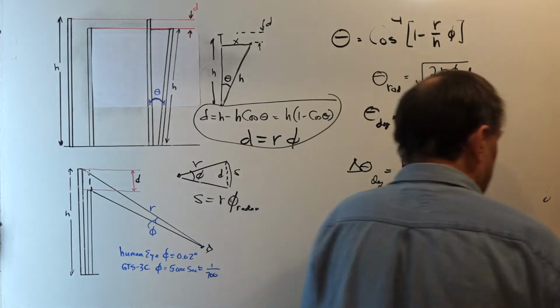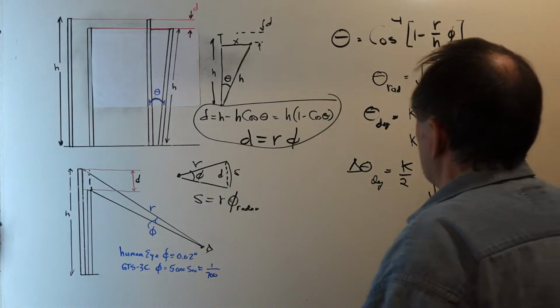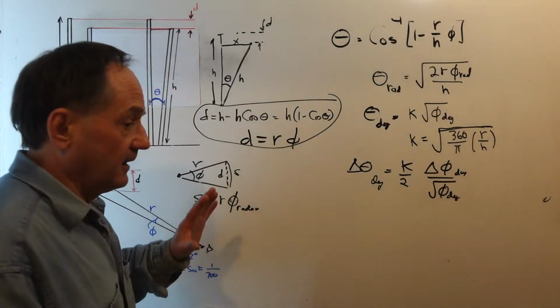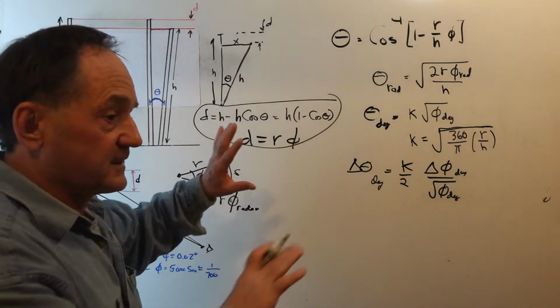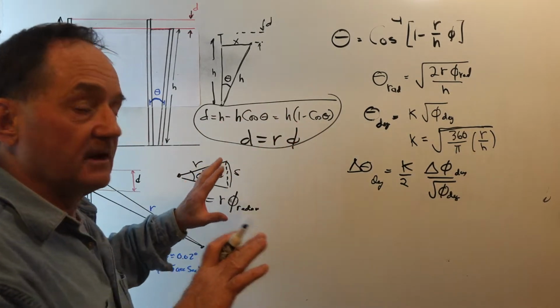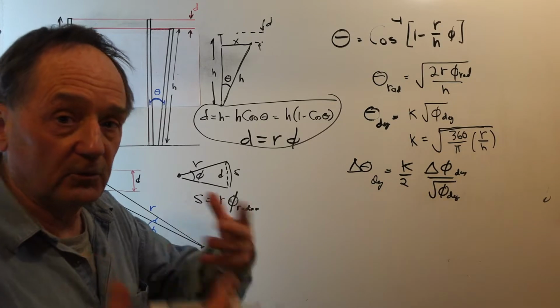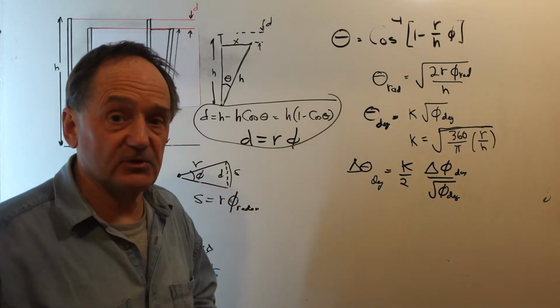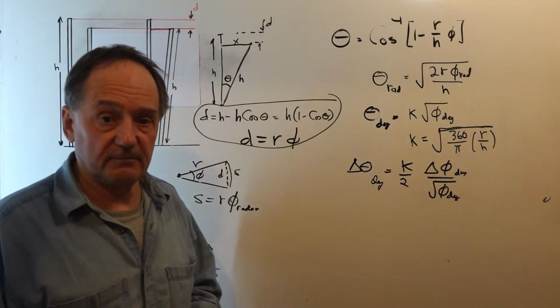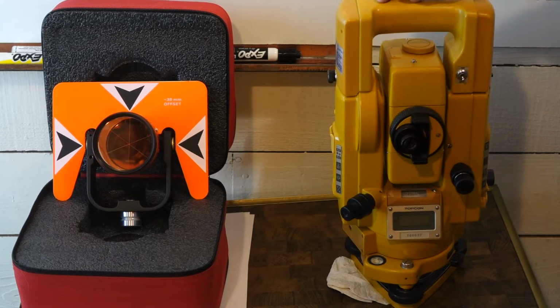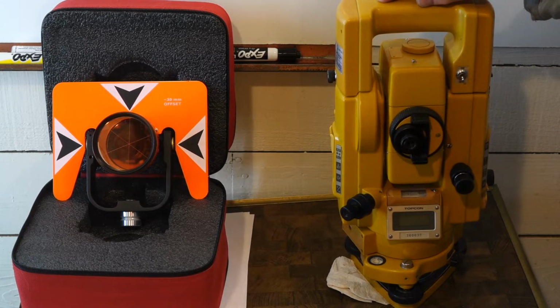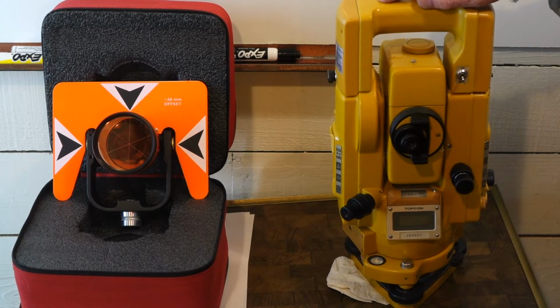Now, I'll show you the instrument that I'm going to be using, and then we'll get some estimates on the numbers, and then we'll go to the video where I actually did the measurements using 10-foot poles. Here I have my Topcon GTS 3C total station theodolite.